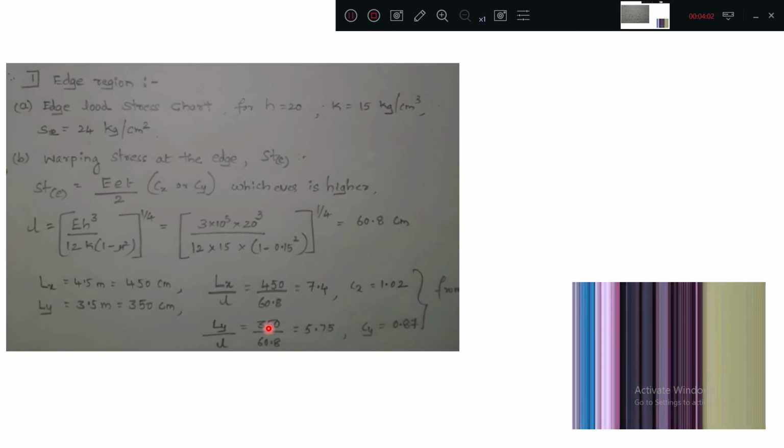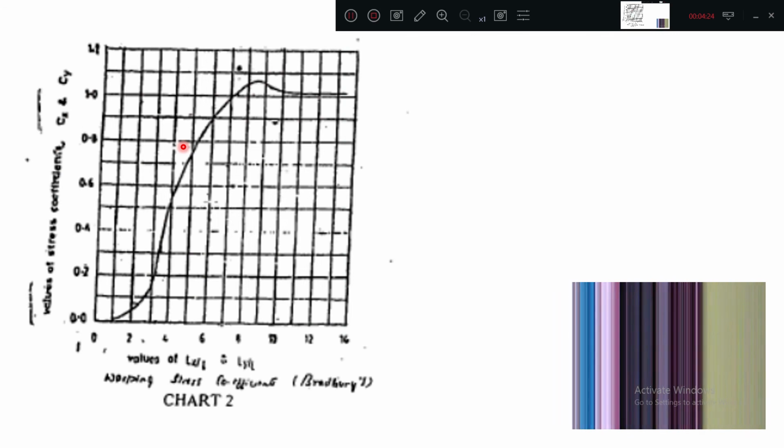What is that? Edge region. Using the chart, h equal to 20, k equal to 15, I am getting 24. How? Remember this value, h equal to 20, k equal to 15. We are all calculating at the edge region. How to get h 20, k 15?